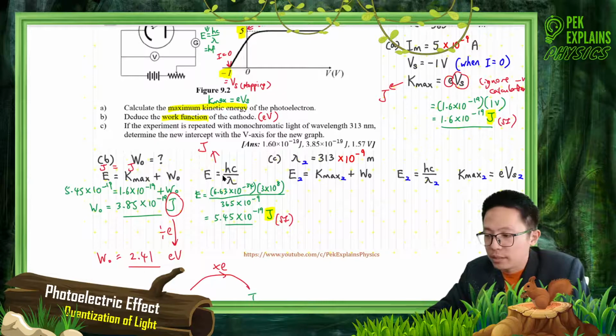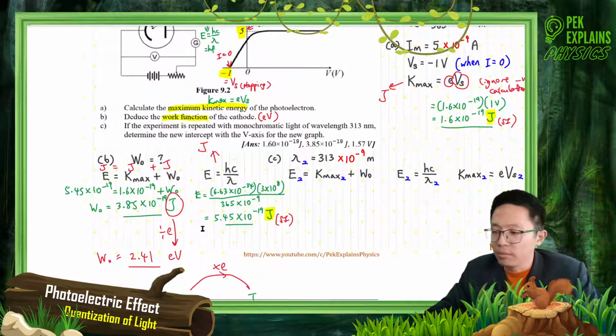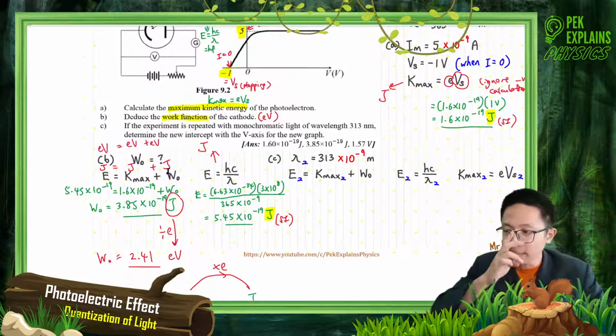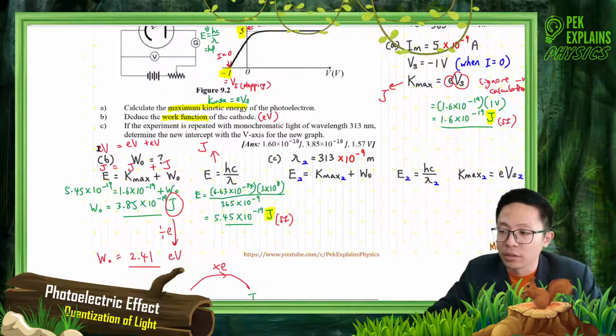You must use the same unit. Don't mix different units: joule, electron volt, joule, cannot. You must use joule, or you maintain all electron volt, also can. Make sure they have consistent units.